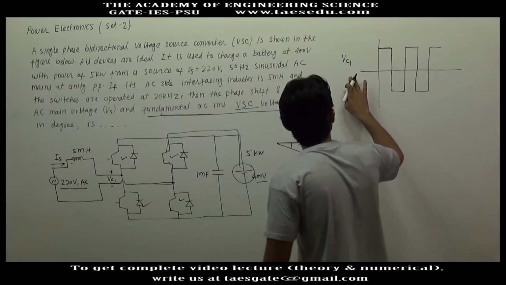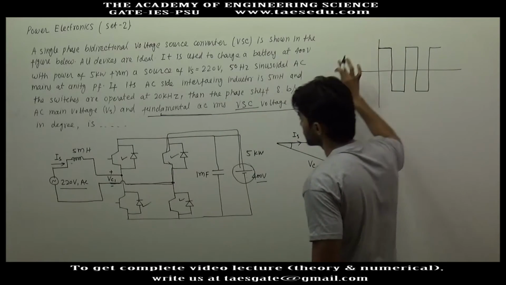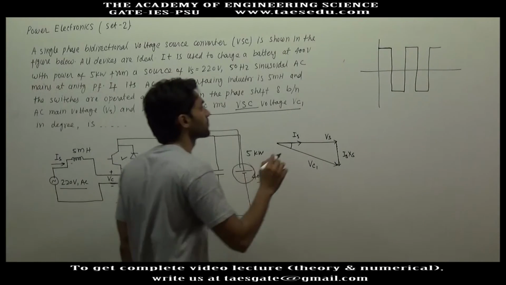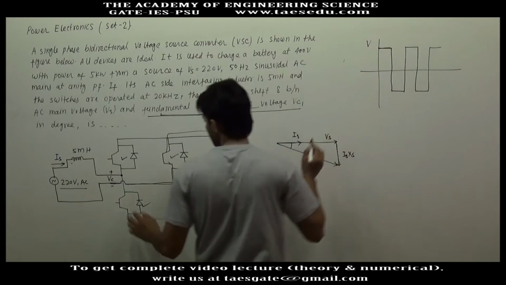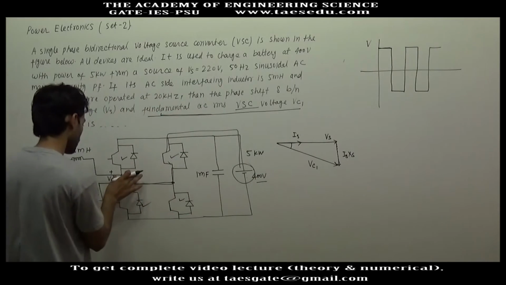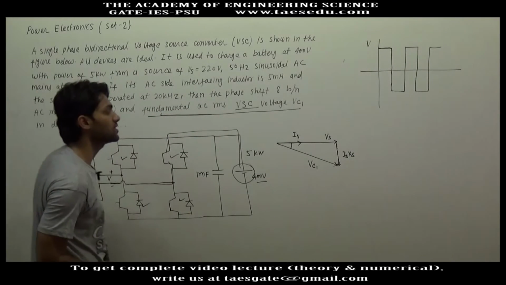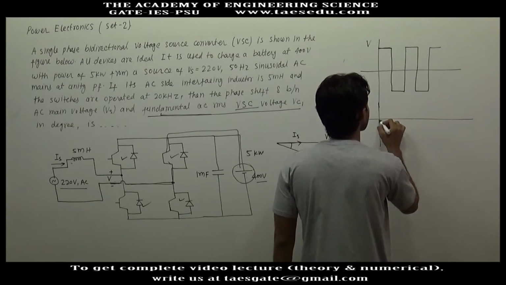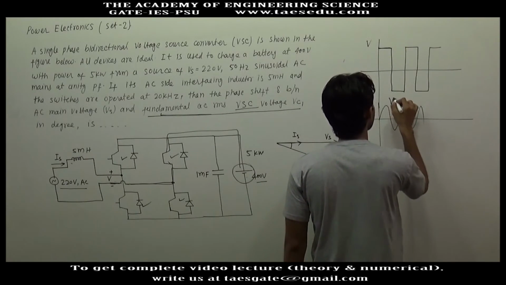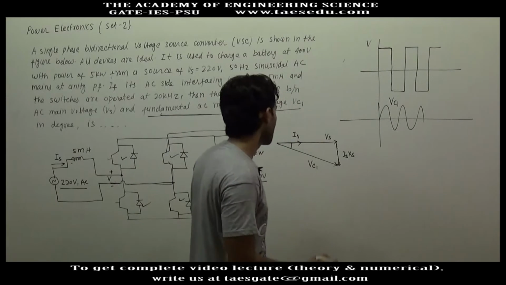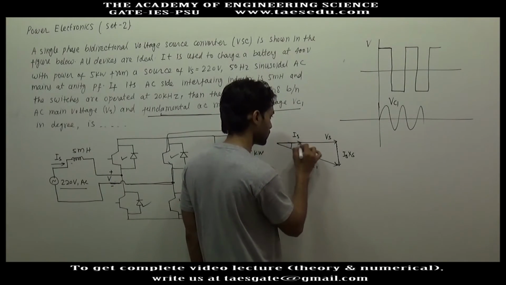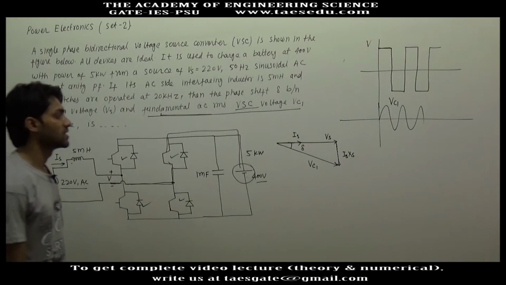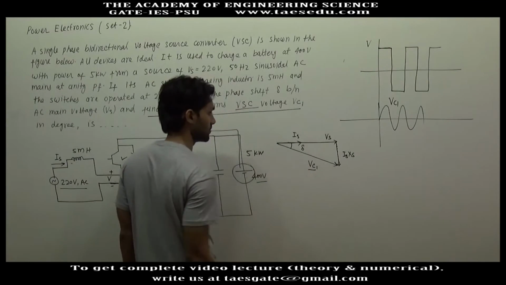This is not actually Vc1, this is voltage, let's say, Vc, and the fundamental component of this voltage will be Vc1. If you take the Fourier series, there will be some fundamental component. So we have to find out the angle delta between the source voltage and the fundamental component of this voltage, that is named as Vc1.